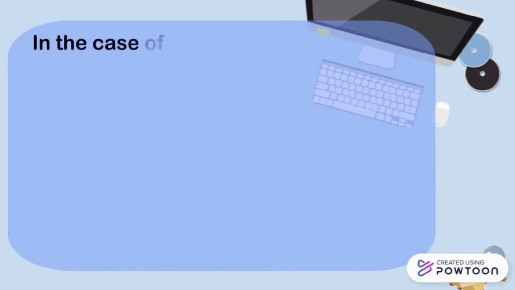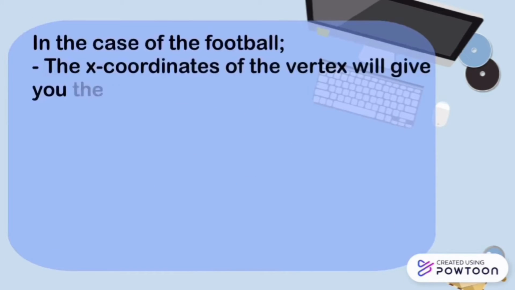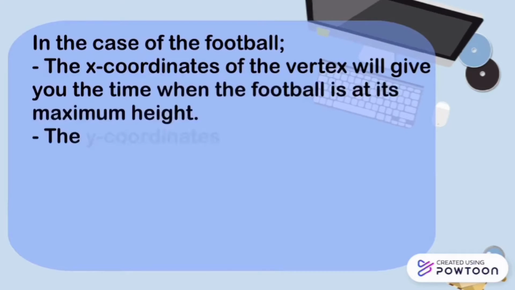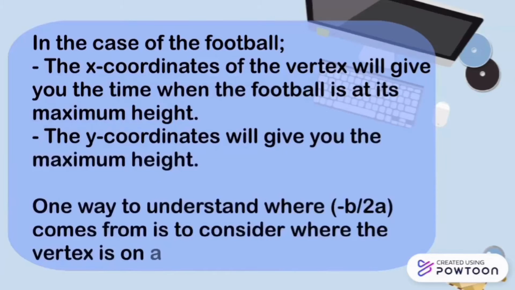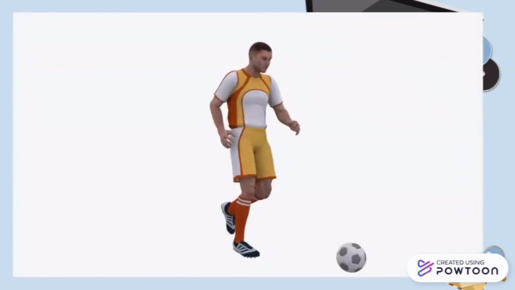In the case of the football, the x-coordinate of the vertex will give you the time when the football is at its maximum height, and the y-coordinate will give you the maximum height. One way to understand where −b/2a comes from is to consider where the vertex is on a parabola.